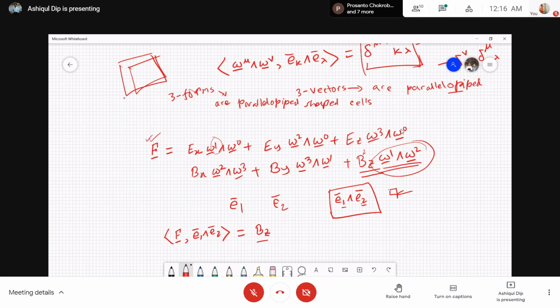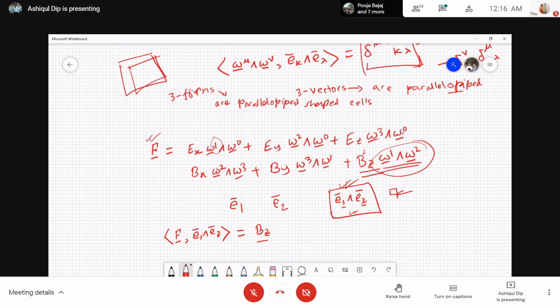That measures how many tubes are passing through this object, or how many tubes are getting chopped by this parallelogram. Is that clear? That's what the piercing thing means. Yes. Thank you.